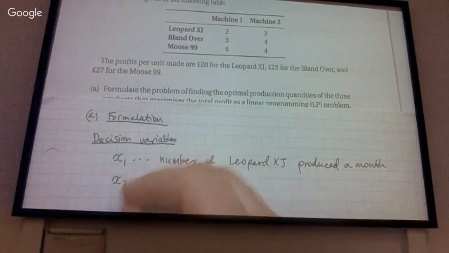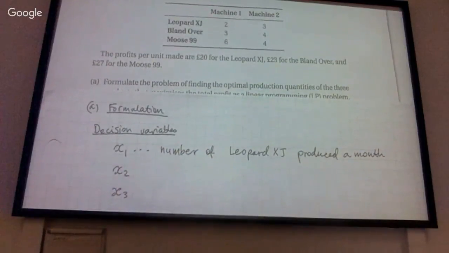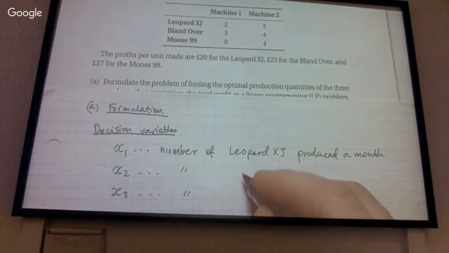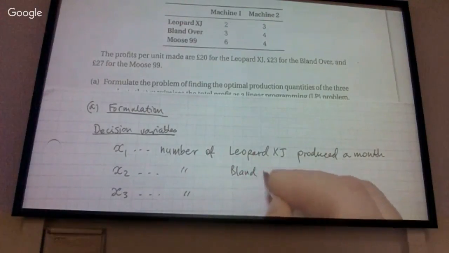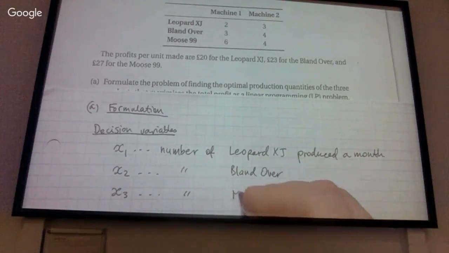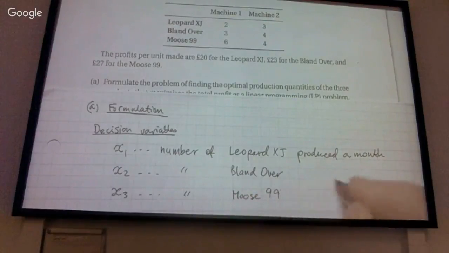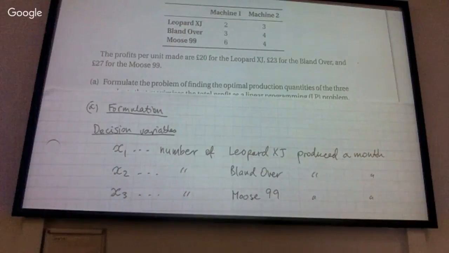Okay, and then x2 and x3 will be the decision variables for the number of the other models, so Blandover and Moose 99, again produced a month. And these are all the decision variables that you need for this problem. Just the number of things produced.